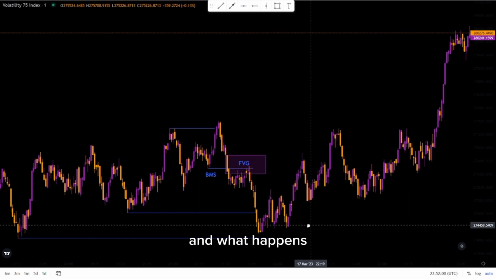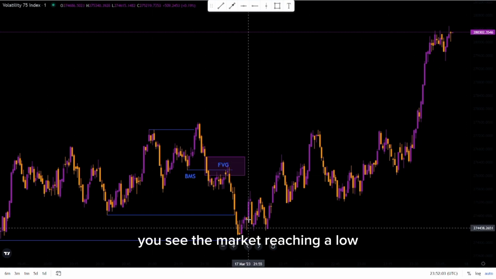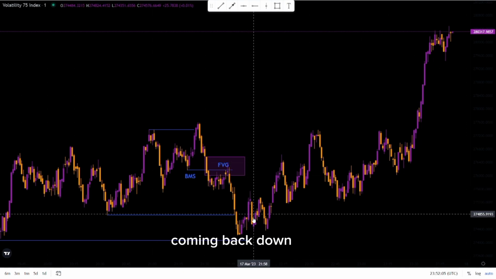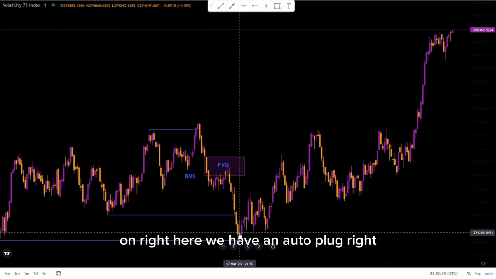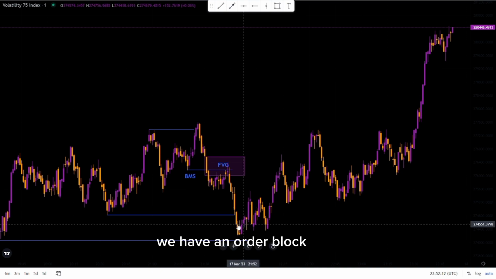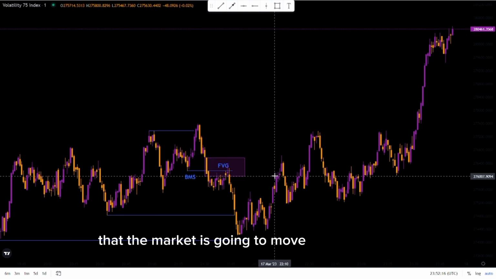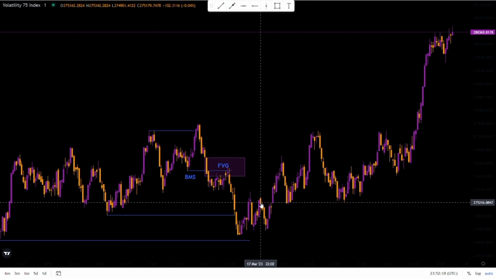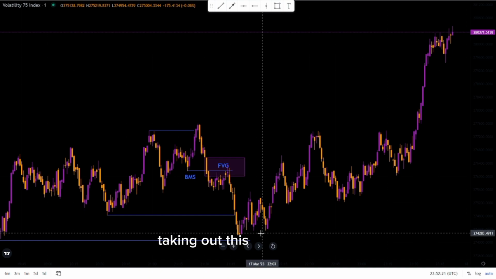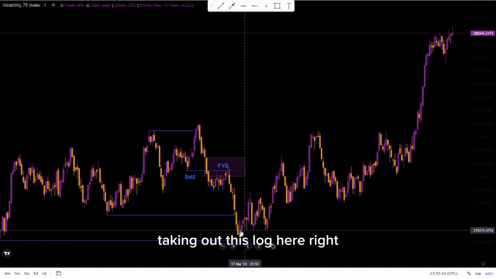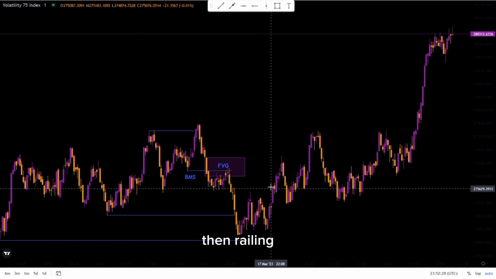And what happens afterwards? You see the market creating a low, forming a high, coming back down. Right here we have an order block, but it was not going to be enough confirmation that the market is going to move upwards. And look here, the market moved up, coming back, taking out this low here, then rallying up.